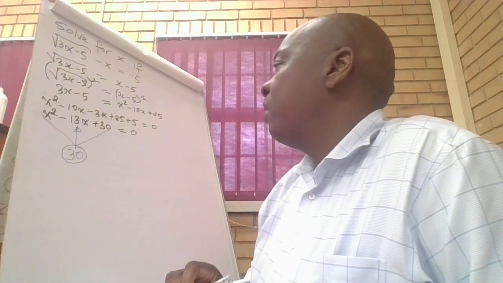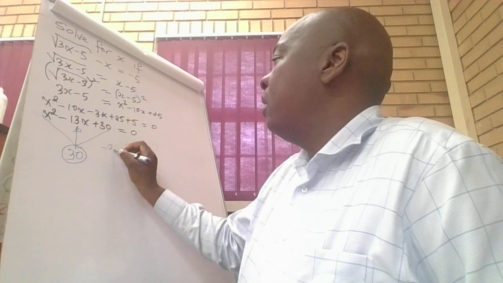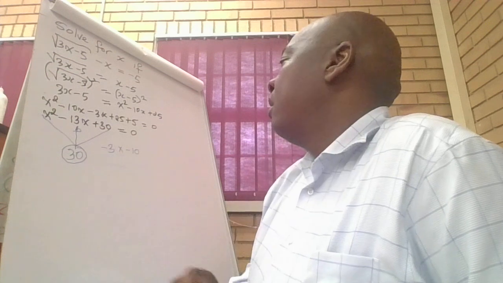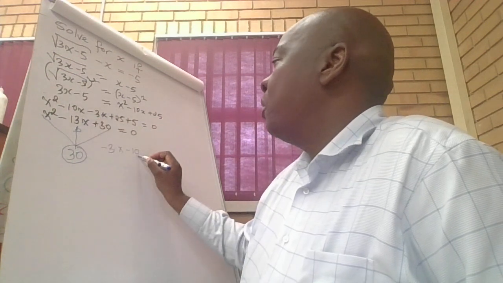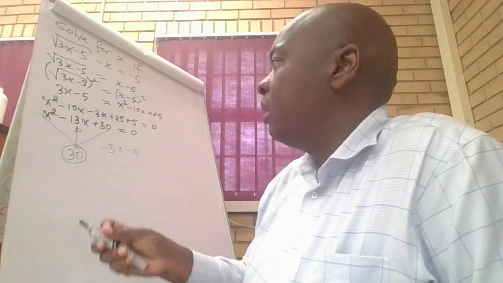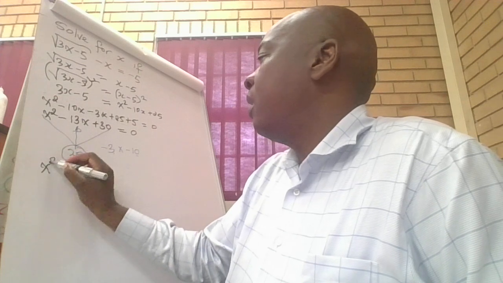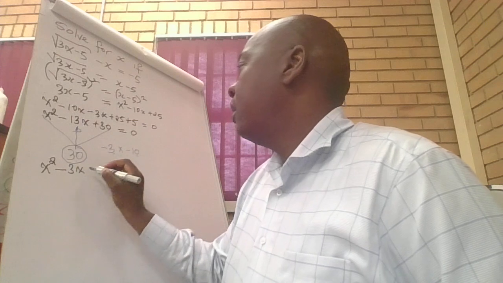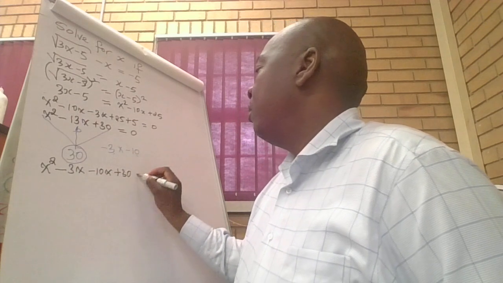And those factors of 30 here, that will give me minus 13, I can see I can have minus 3 times minus 10. If I add these two factors, they'll give me minus 13. If I multiply these two factors, they give me 30. So therefore, I can express this quadratic equation as x squared minus 3x minus 10x plus 30 being equal to 0.